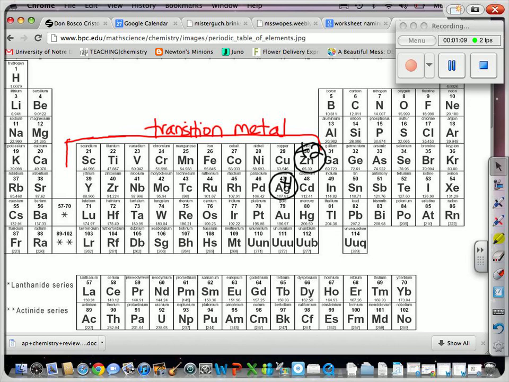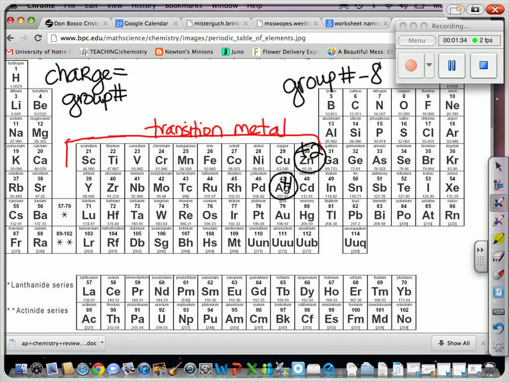Okay, so there are a couple of things we need to realize for this. In your reading, I talked about how for groups 1 through 3, the charge is equal to the group number. Transition metals, like we just said, it's going to depend. And for groups 7 through 9, it's going to be the group number minus 8.